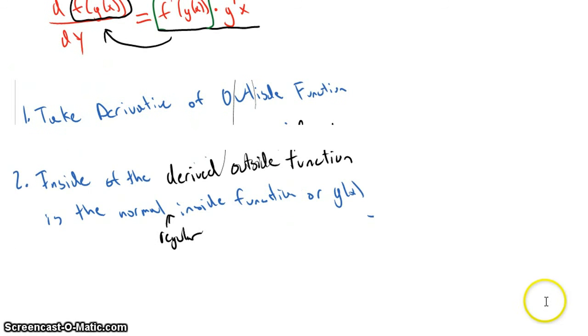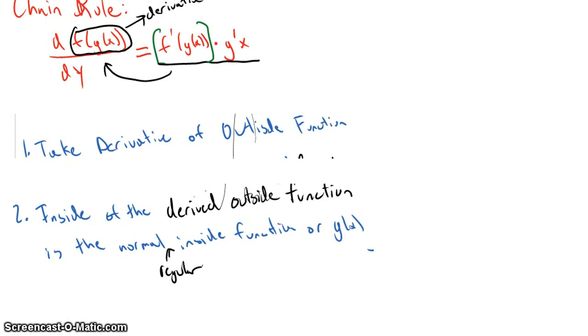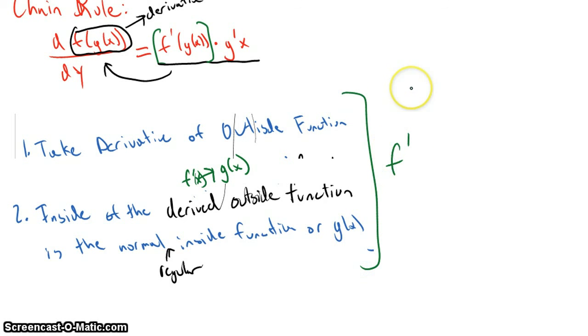So, inside of the derived outside function, f of x, inside that x is going to be regular g of x. So, this forms the derivative of f of g of x.